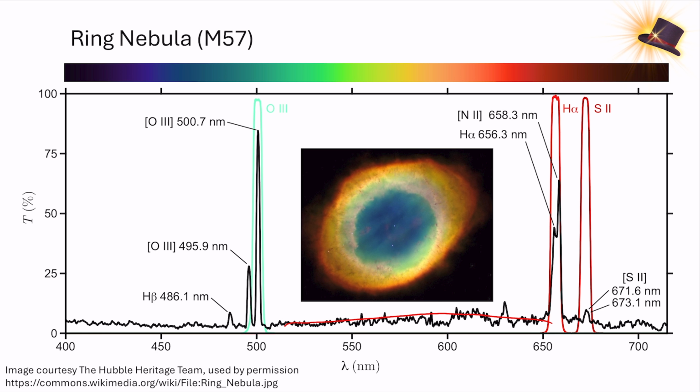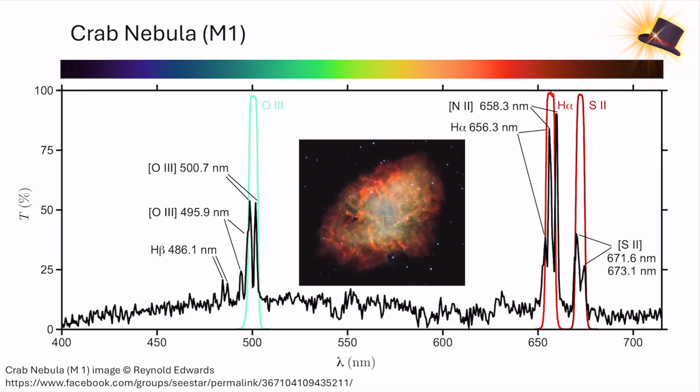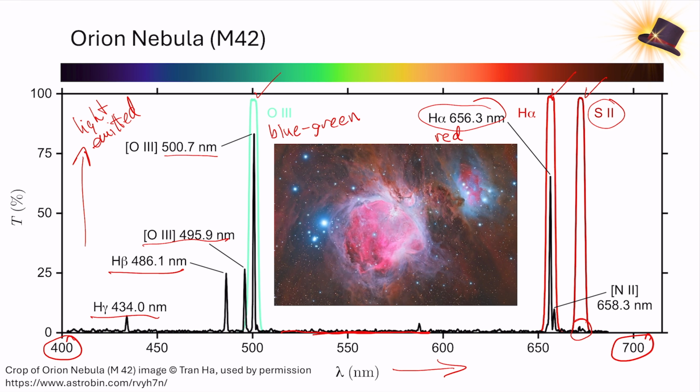It's nice. Then at the Ring Nebula, you get some broadband, which you could capture with LRGB filters, right? And you get a little bit more sulfur here than you did with Orion. You still also get the hydrogen alpha, and you get a nitrogen line that we'll talk about also in the two videos that follow. Then for the Crab Nebula, it is a supernova remnant.